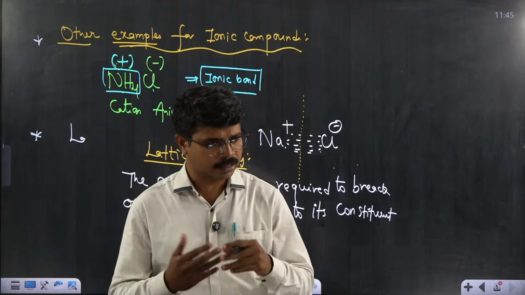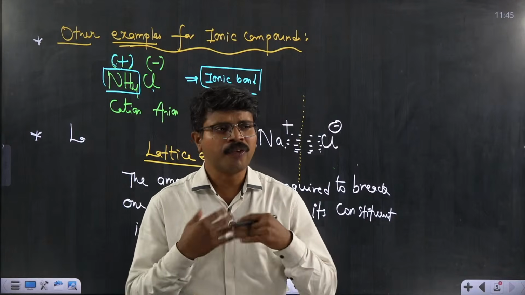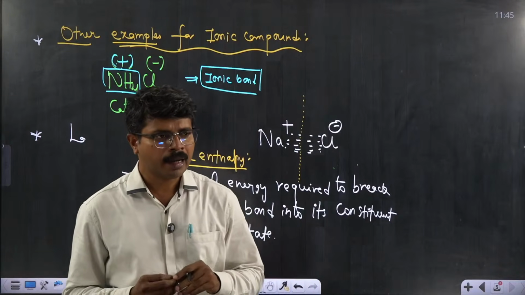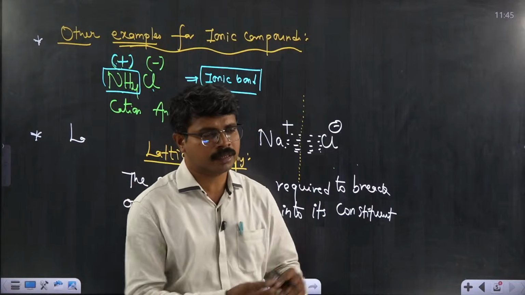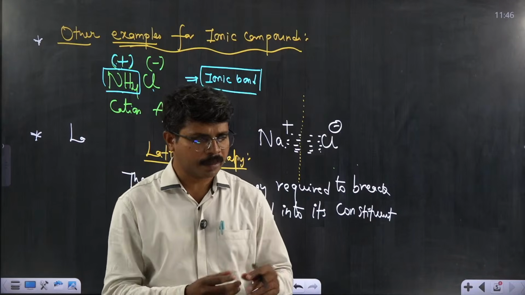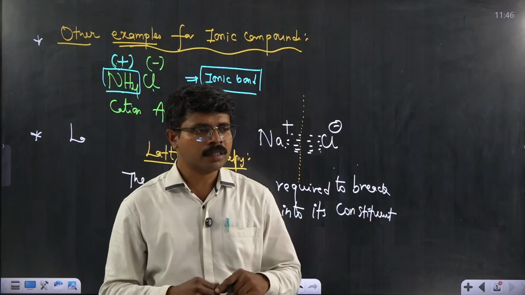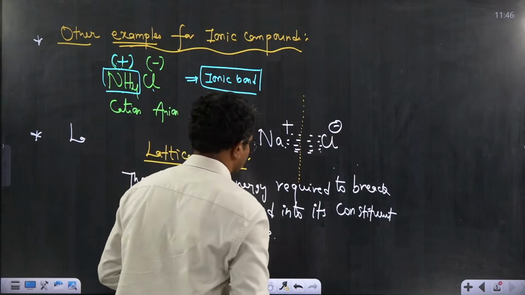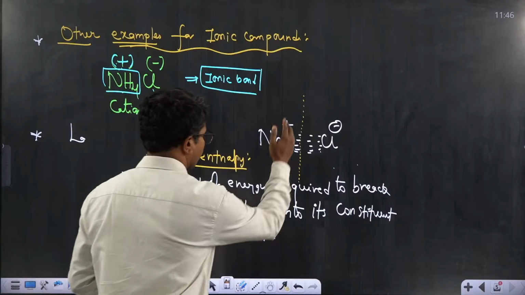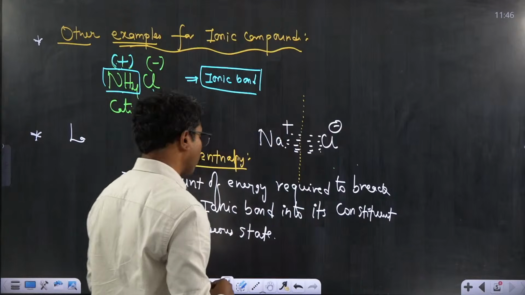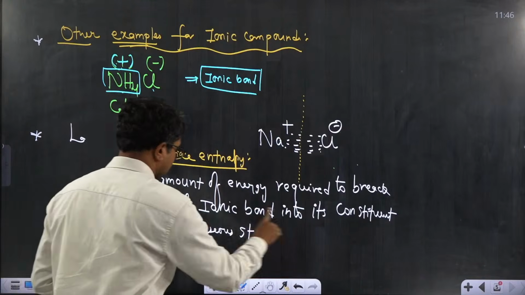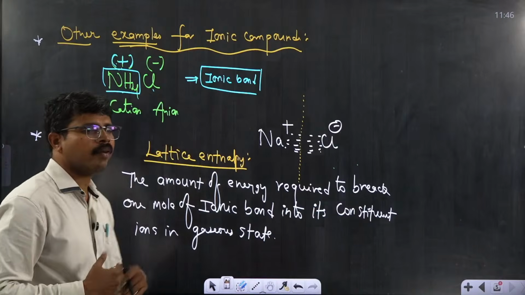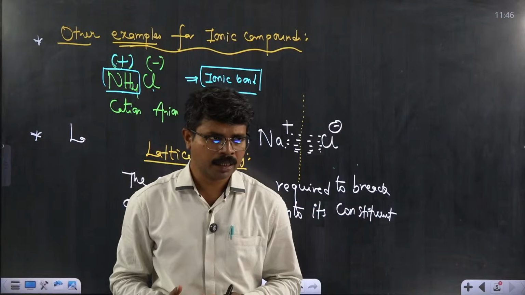During the formation of ionic bond, energy is usually released. This process is exothermic. In other words, if I am trying to break the force of attraction, or break 1 mole of ionic compound into its constituent ions, we need to supply energy.